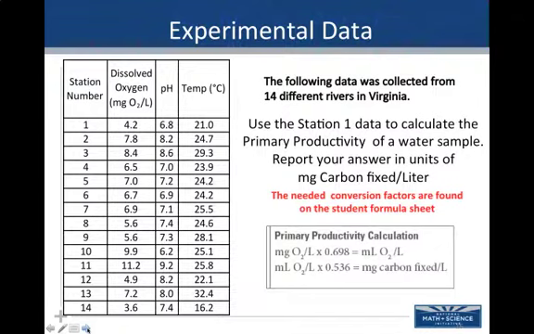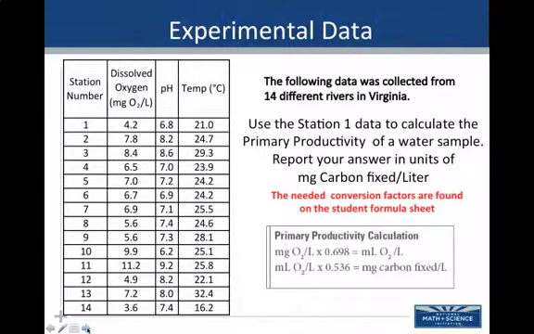And what we're going to do is use your conversion sheet. You're going to have a formula sheet on the test this year. For station 1, we're going to calculate the primary productivity of a water sample, and we're going to report that answer in units of milligrams of carbon fixed per liter.